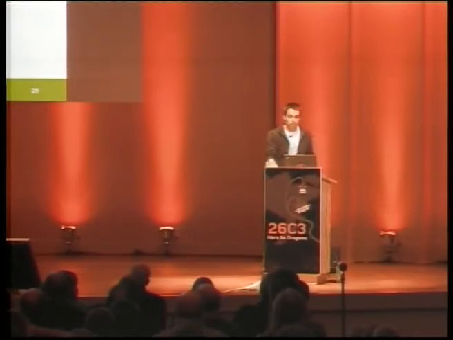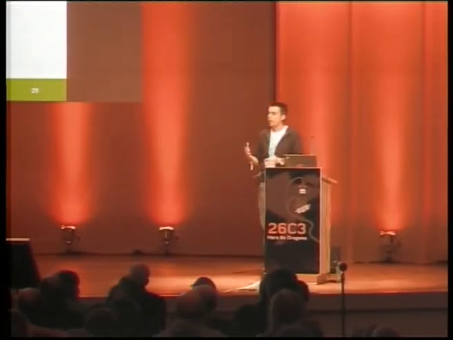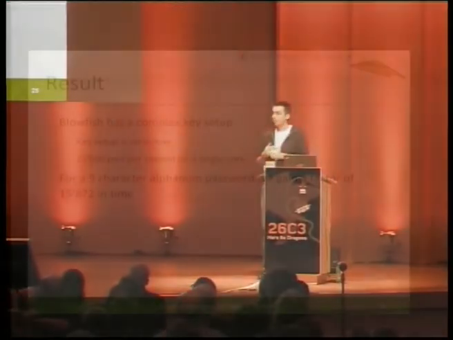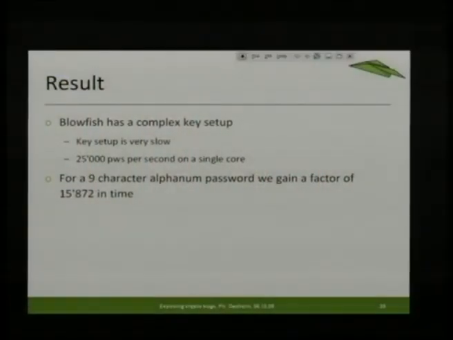So it would take a very long time to crack, for example, a 9-character alphanumerical password. With our method, if you have this checksum and you only try the ones which have the correct checksum, it would be 15 times faster.